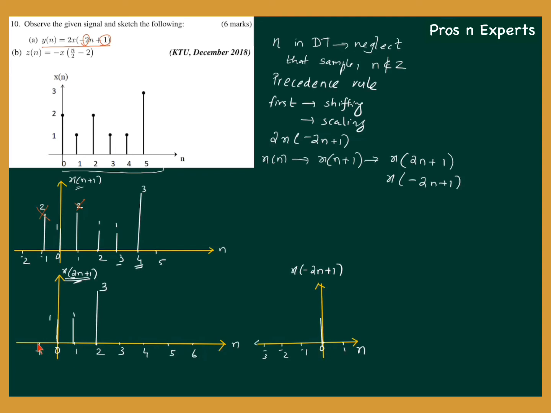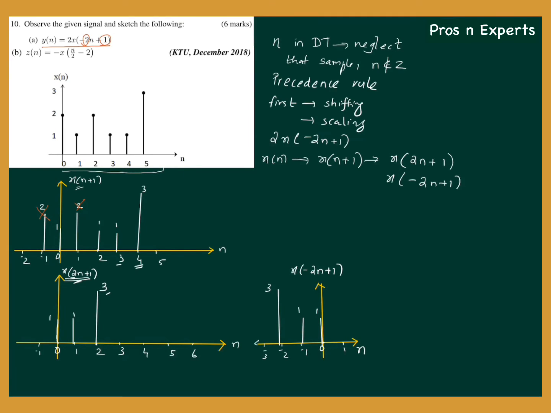This sample goes to minus 1 and this sample goes to minus 2. So this is how you flip or reflect the signal. The operation is called a reflection, time reflection. So amplitude 3 is at minus 2, amplitude 1 is at minus 1 and this one is at 0. This is x of minus 2n plus 1.